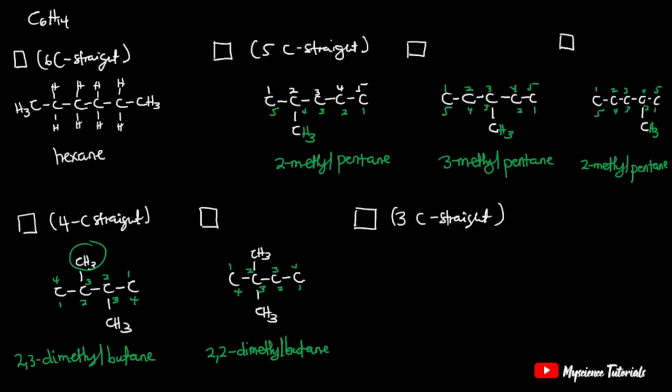Okay, so for a 3 carbon chain, we have 1, 2, and 3. So we have 3 as our longest continuous chain, and we need to add 3 more carbon atoms, but we want to avoid adding it to the terminal as much as possible, because if we add it to the terminal, we will end up getting one of these already existing products that we have.